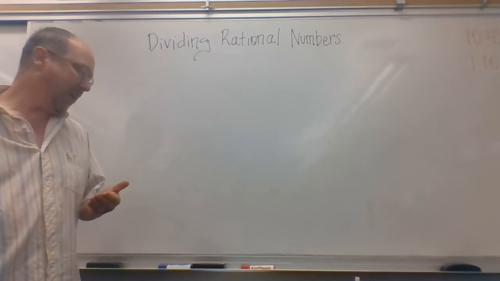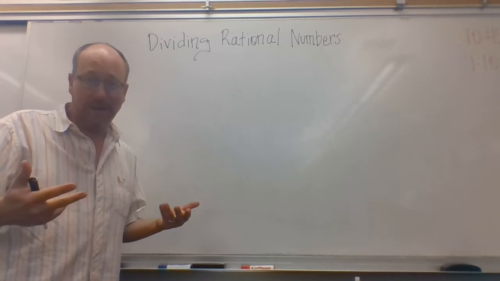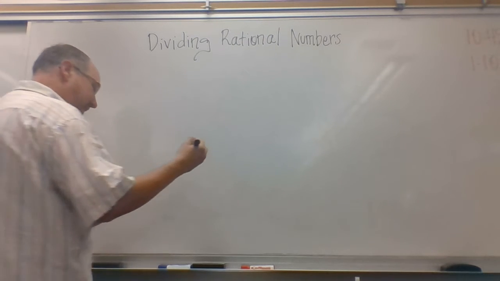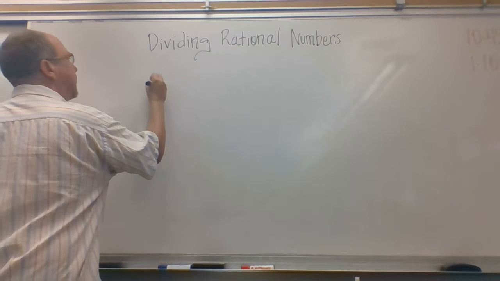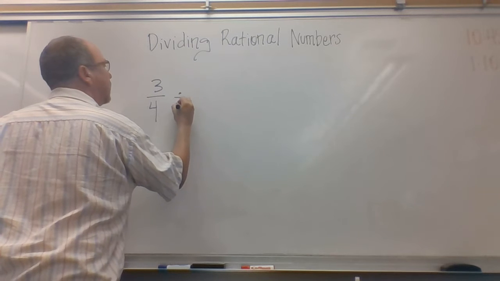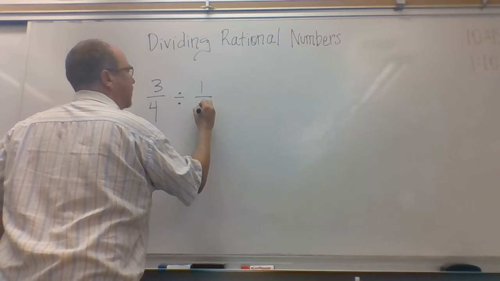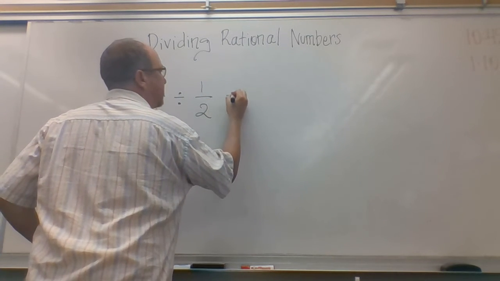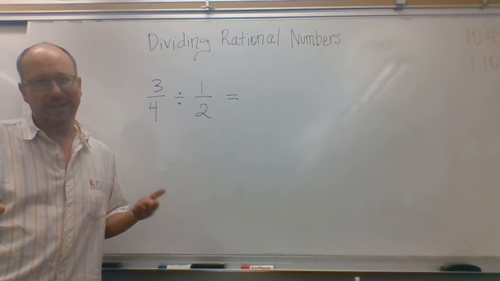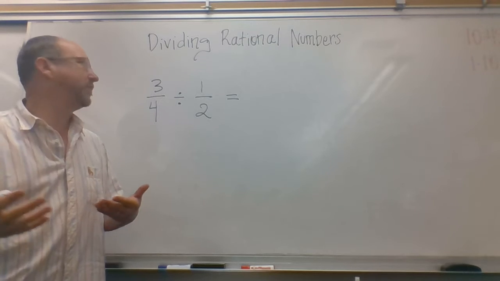Next, we are doing dividing by fractions, okay? First, because there's another sort of funky rule with dividing fractions that you're going to use almost always, I want to look at a really straightforward example of division.